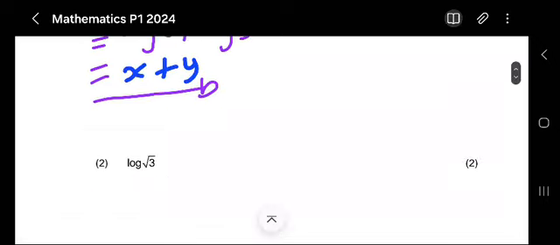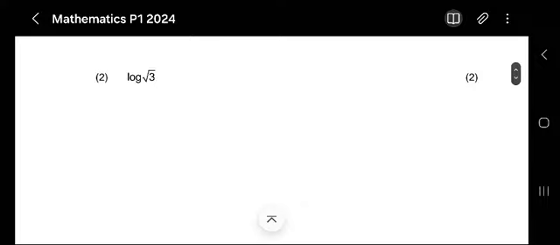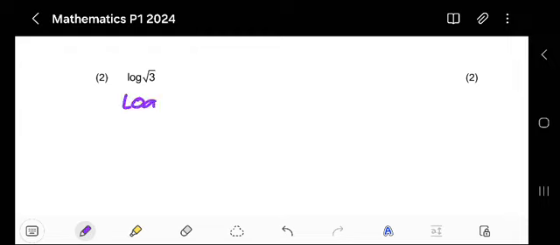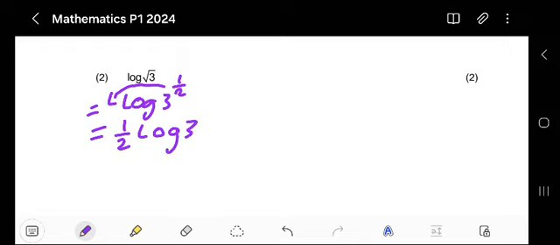We're supposed to make this become log 3 or log 6 as far as possible. So I can rewrite this as 1 over 2 of log 9. Then you know the rule that says you drop the exponents. Simply drop the exponents, and you're left with log 3.